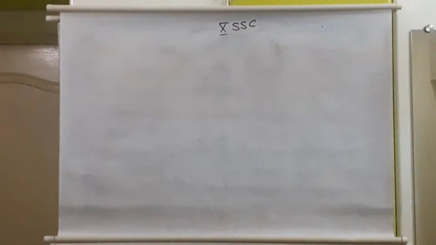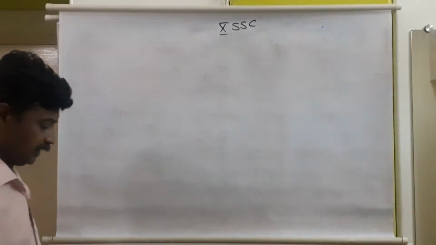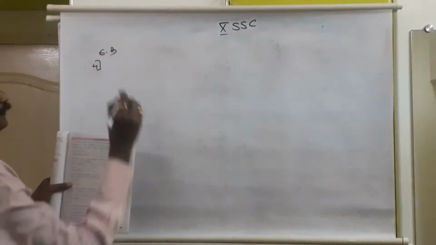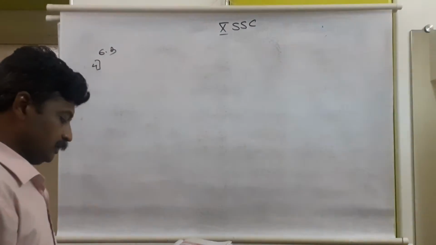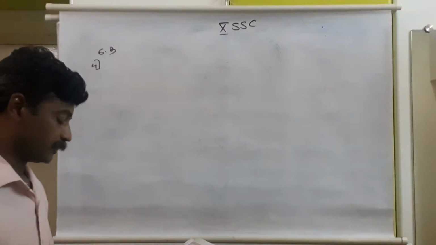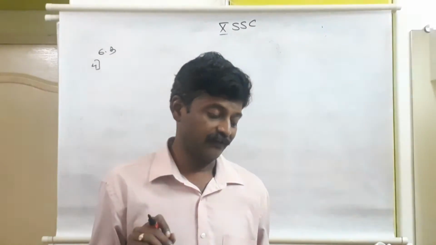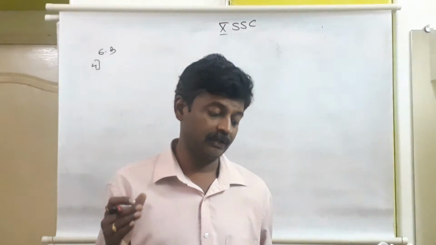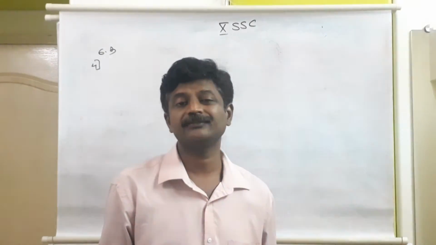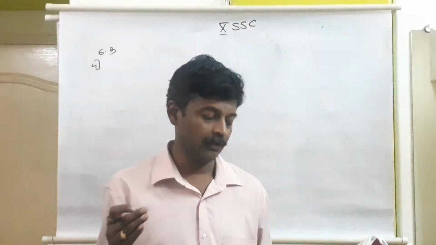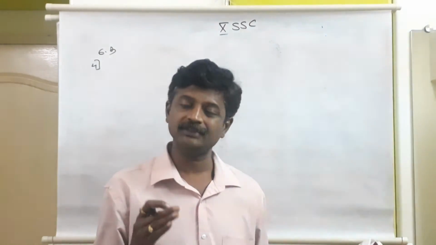Now sum number 4 of 6.3, which is again based on mode of group frequency distribution. The important part for this question number 4 is the classes are not continuous. Less than 5, then 5 to 9, 10 to 14, 15 to 19. Here you can see the differences of 4. So the first should be also less than 5, meaning 1 to 5.